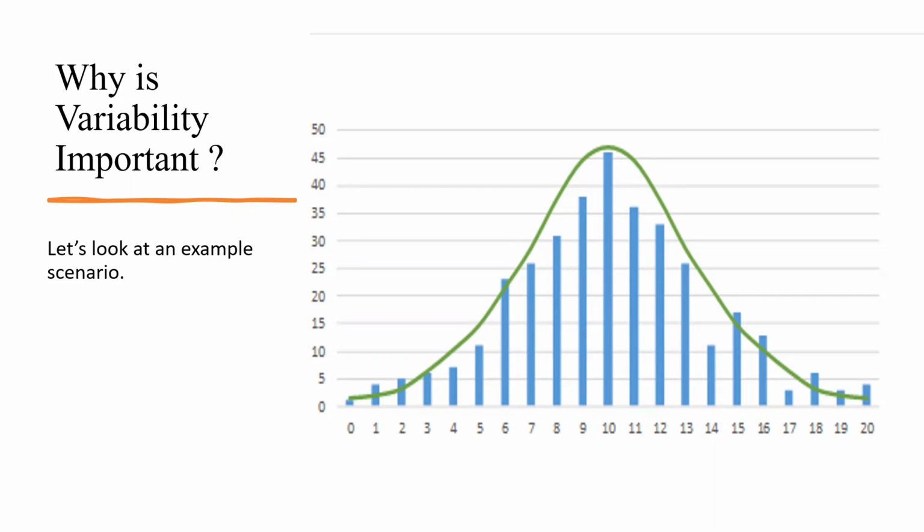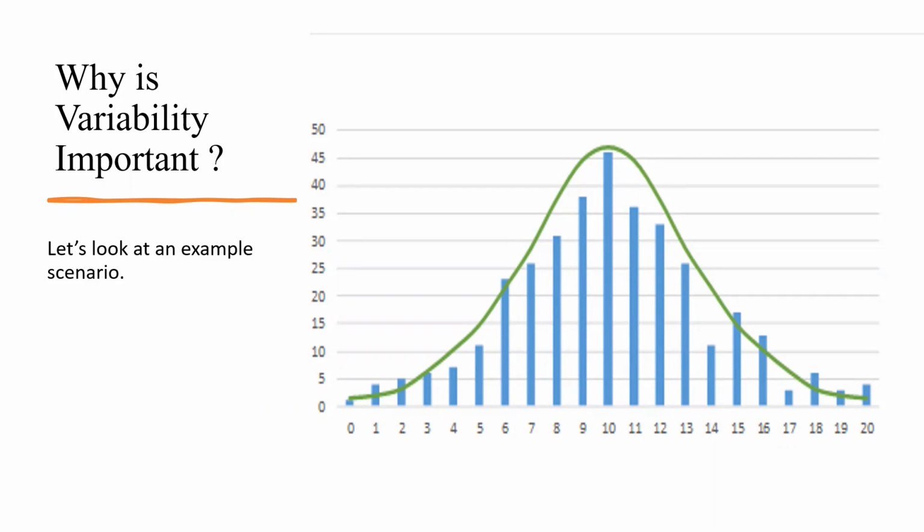In the same example, let's say there is a hypothetical situation where milk is in severe shortage. There is a huge demand, but the supply is in very severe shortage.